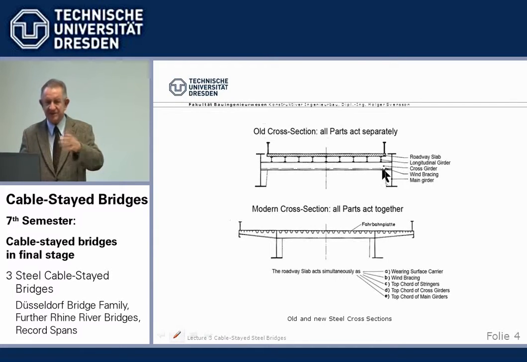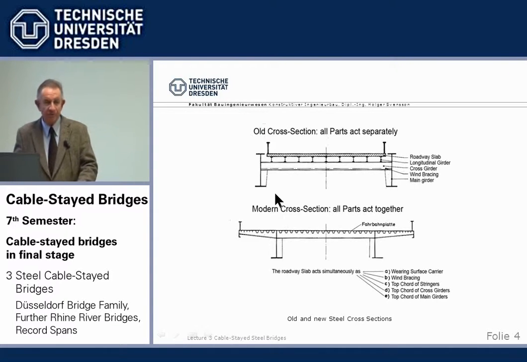Until, I just say, World War II, we had beams, we had cross-sections in which all parts acted separately. The main girder just acted as main girder, the cross girders acted separately, and then the roadway itself just distributed the wheel loads to the longitudinal girders.